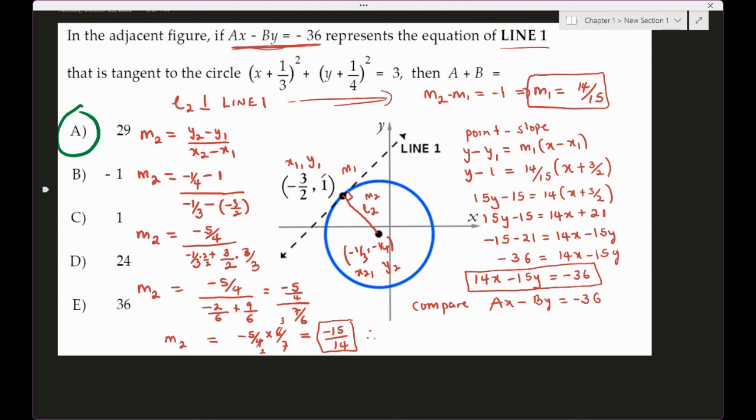The coefficient of x is your a, so a is 14. And here there is a negative sign, so we take the coefficient of y but not the minus, because there is a minus here and a minus here. So b is just 15. Therefore, a plus b will be 14 plus 15, which is 29. And that is why you can see here A is the right answer.